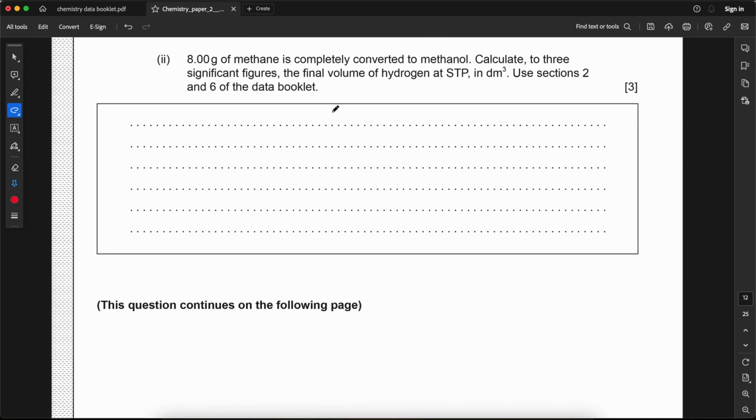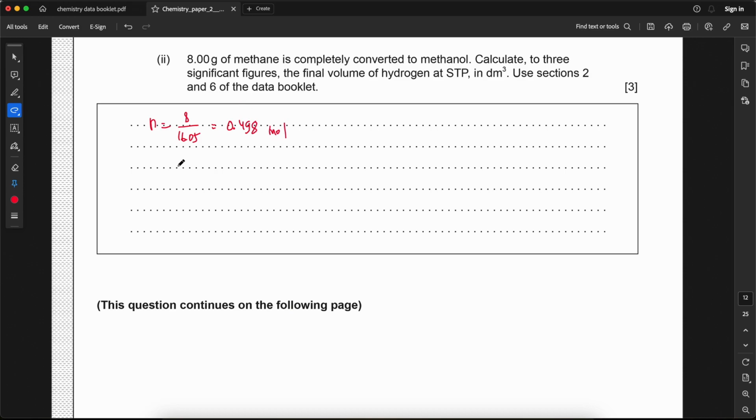8 grams of methane is completely converted to methanol. Calculate to 3 significant figures the final volume of hydrogen at STP in dm3. If mass is known, we can calculate mole by dividing by 16.05, which is the molar mass of methane, and you get 0.498 mole.